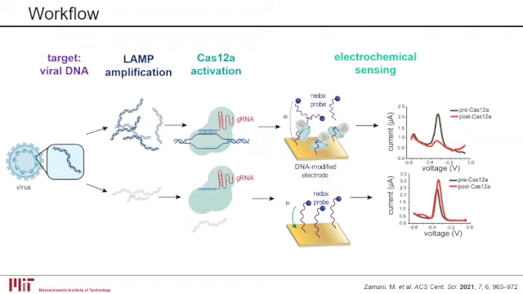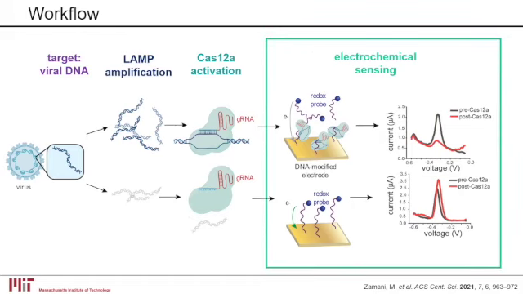We were using LAMP, which is a single temperature method, so it can be done without the need of a PCR machine. We can then specifically activate this Cas12 enzyme, which is a non-specific endonuclease. Once this is activated, it'll chop up anything that's on our electrode, and that's how we get detection. If this is activated, it'll remove our DNA, and we see the signal turn from on to off. If our Cas12 is not activated, then our DNA stays on the surface, and we see the signal maintained on.